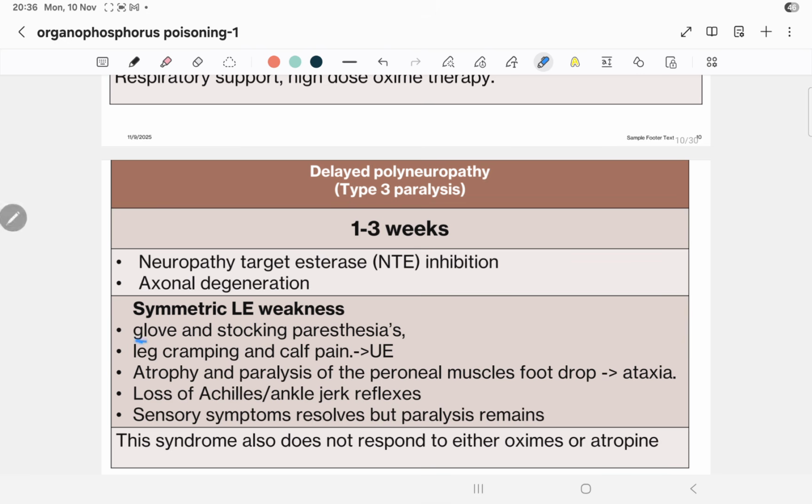There will be glove and stocking paresthesia in the lower extremity, leg cramping and calf pain, atrophy and paralysis of peroneal muscles, foot drop, ataxia, loss of Achilles and ankle jerk reflexes. All the symptoms will be there in the lower extremities and happen due to the neuropathy target esterase inhibition.